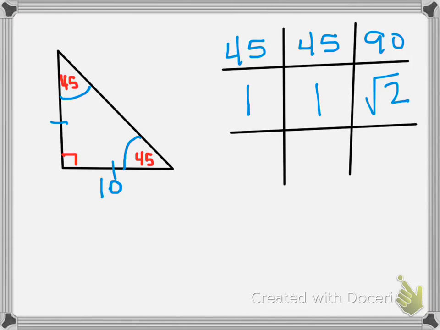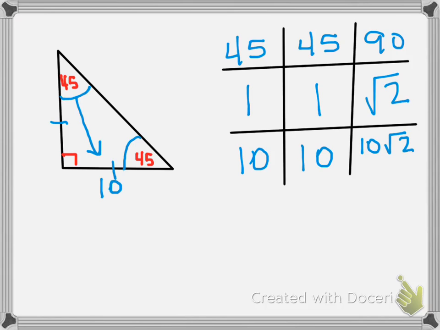So we plug in what we know, our side length. It's across from a 45-degree angle, so that's going to be 10. Well, obviously, if we have an isosceles triangle, which with two angles being the same we do, this one is also 10. And then what do we do with this 90-degree angle? 10 times the square root of 2.